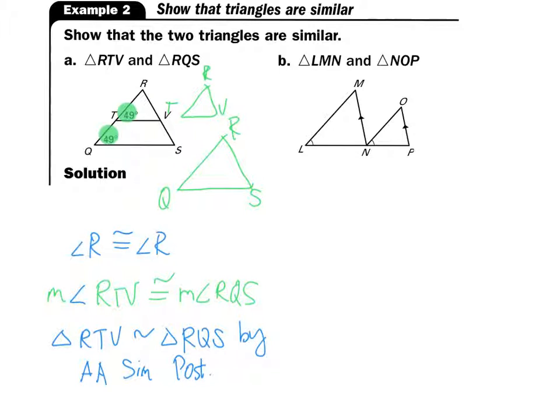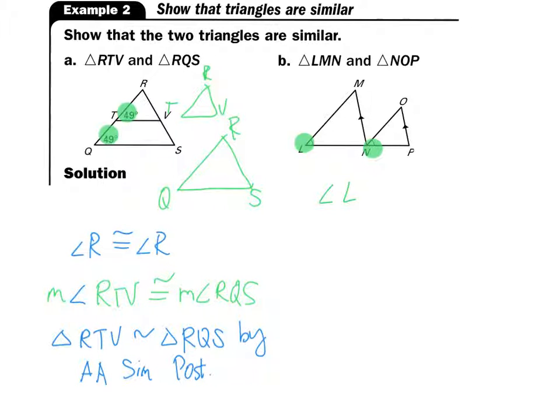Now, the next one is a little bit more challenging. It's asking us to show that triangle LMN on the left and triangle ONP on the right are similar. Let's see what's given. We have one set of congruent angles, so let's write that out.